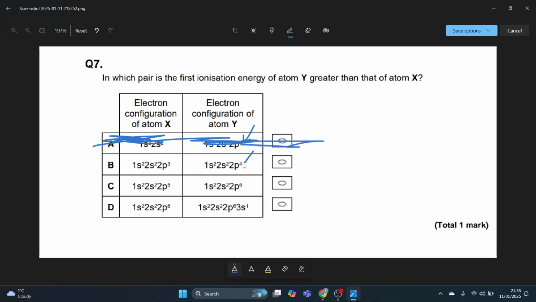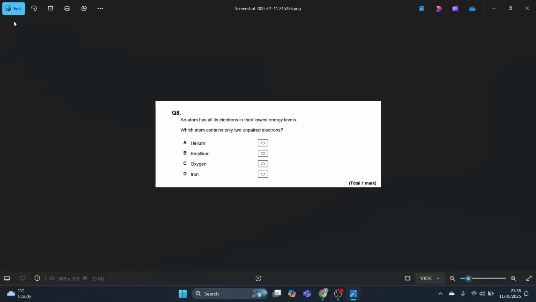B, well, that's got electron pair repulsion, therefore it's going to have a slightly lower first ionization energy than X. So now I'm left with C and D, and it's not going to be D because that's also in another orbital compared to that one, therefore it's going to have more shielding and a lower first ionization energy, definitely not greater. So the answer is going to be C. Full orbital, both in the same orbitals, it's going to have a greater first ionization energy.